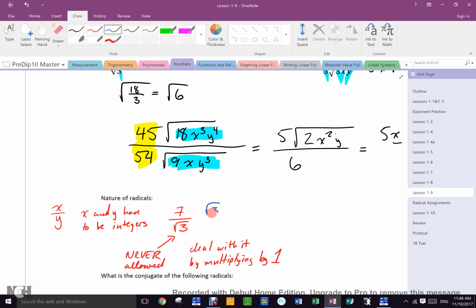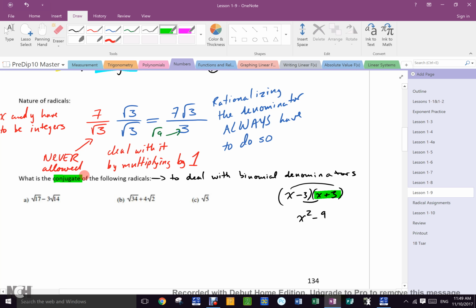Sam? Yeah, you double distribute. And what happens to the 3x and the 3x? They cancel each other out. And I end up with what? X squared minus 9, right? The middle term disappears, correct? This is the conjugate.